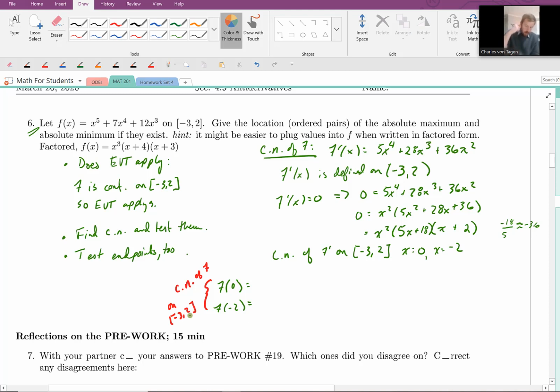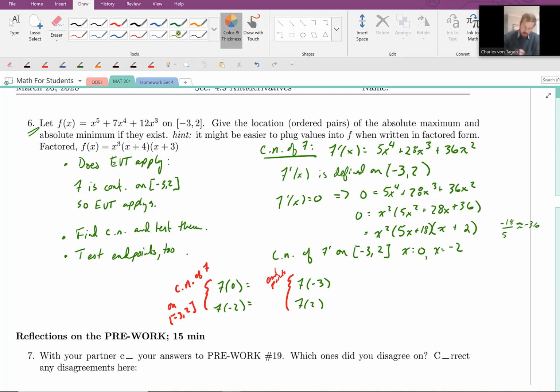What else am I going to plug into this function? I'm going to plug in -3, and I'm going to plug in 2 into this function. And why am I plugging in those two values? Because those were the endpoints of the interval. You've got to check both the critical numbers and the endpoints because those are the potential locations for the global maximum and global minimum. Okay.